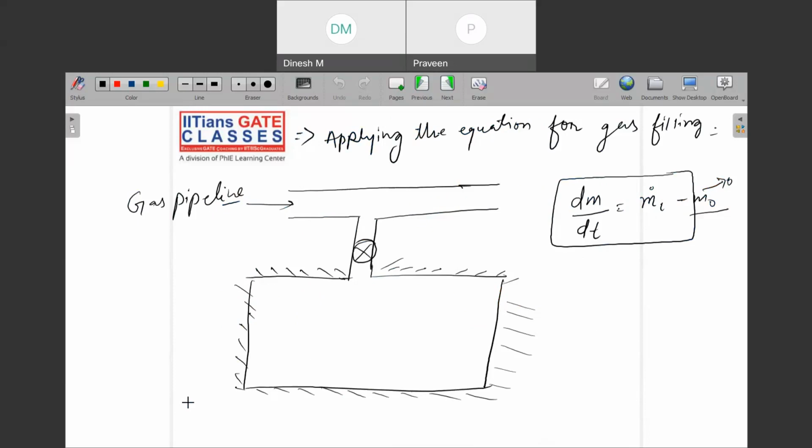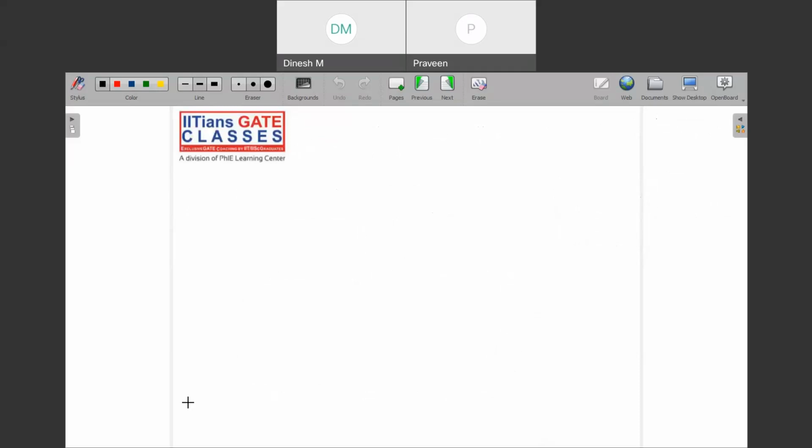So this is all about the first law and its application to various devices as well. Till this class we have completed the first law of thermodynamics and its various applications.